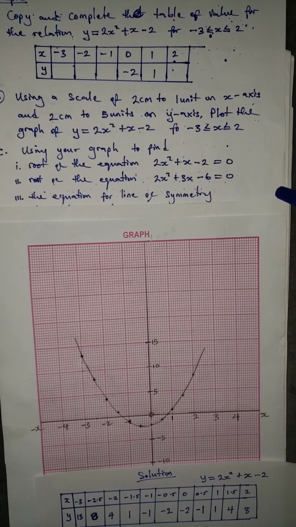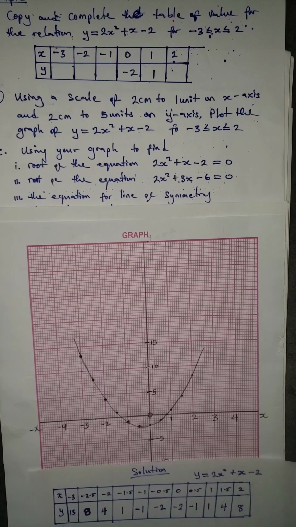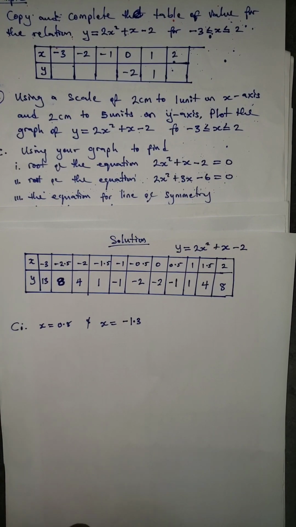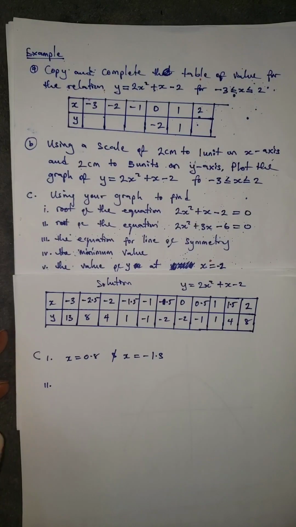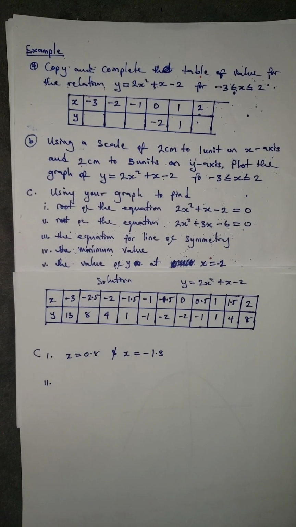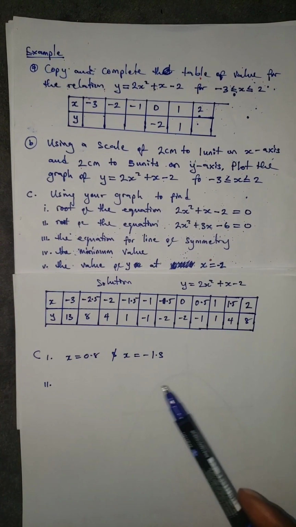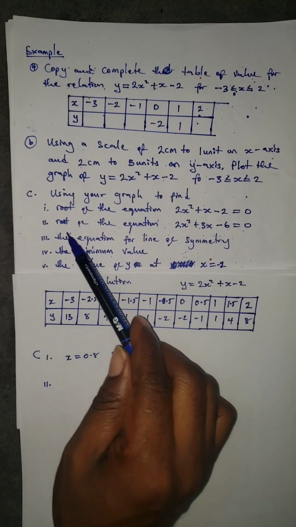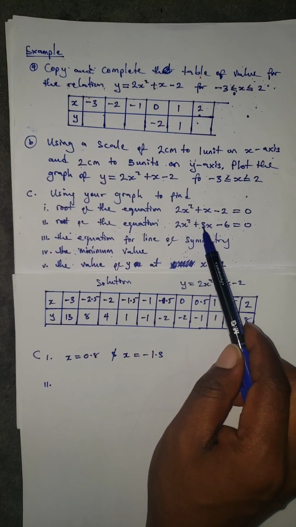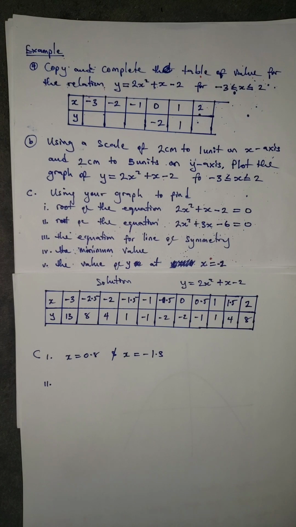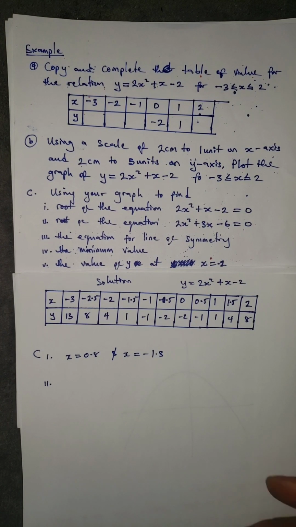The next thing now is to solve an equation. The second equation given to us is in solving for the roots of the equation, which is very simple for the quadratic. You can see that we are asked to find the roots of 2x squared plus 3x minus 6 equals 0. Like I said, with simultaneous equations, they will not give you the two equations.